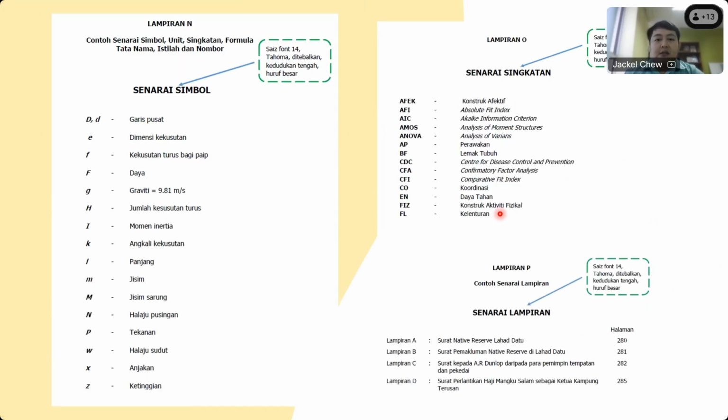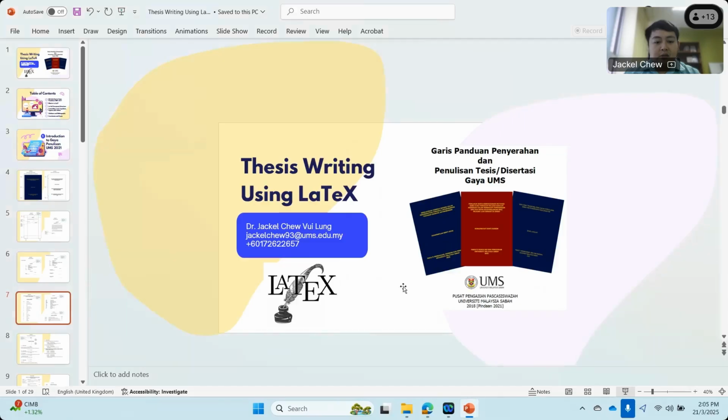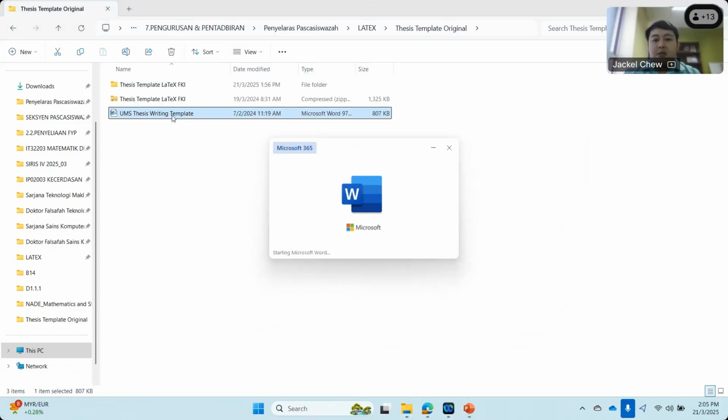And then if you go to the Center of Postgraduate Studies website, they provide you the template in a Word file. Let me show you the example. This is the Word file for the thesis template, which they upload to the website.